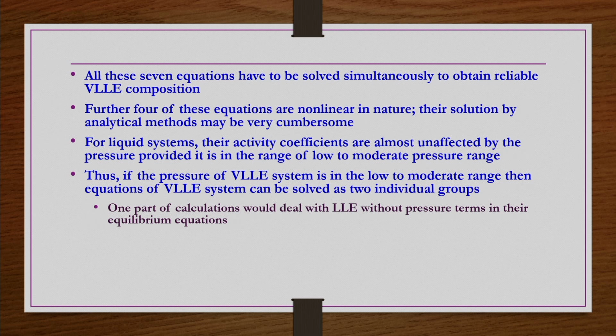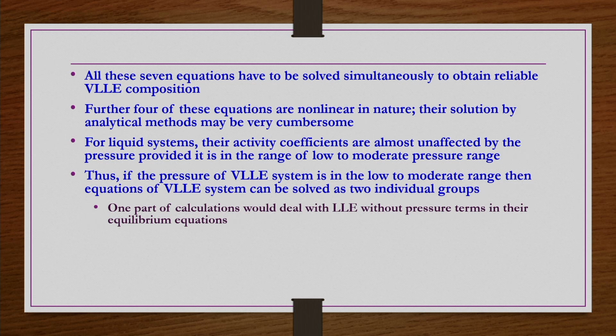One part you can solve taking only the LLE terms, and then solving the LLE composition exactly the similar way as we have done for the pure LLE problem, where there is no vapor phase at all, only 2 liquid phases are coexisting.